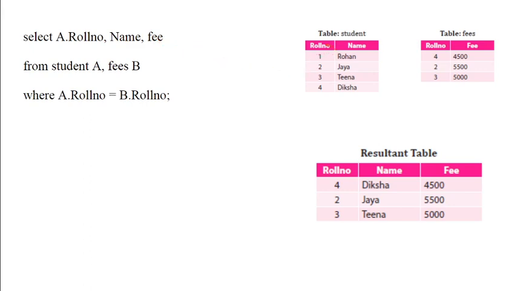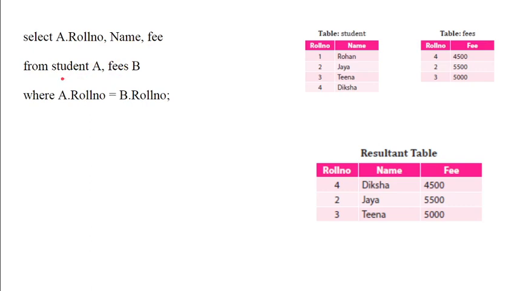So we need roll numbers from this table only, from both the tables. Here student A means student table is given an alias name A and fees table is given an alias name B. If you don't want to give an alias name, then no need of specifying student A. Just directly write select student dot roll number comma name comma fee from student comma fees.